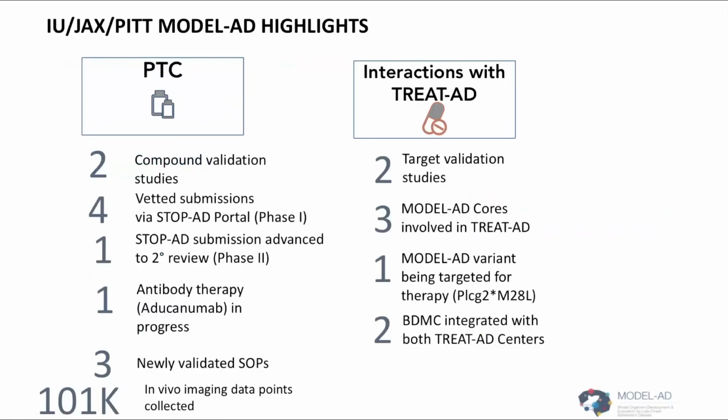And just some highlights of how you assess the success or otherwise of Model AD through the PTC. They've validated two compounds, and they've done a whole load of in vivo imaging, more than 100,000 imaging data points. Interactions with Treat AD will be critical because Model AD as a consortium is interacting a lot with AMP-AD, and as I mentioned, Treat AD.